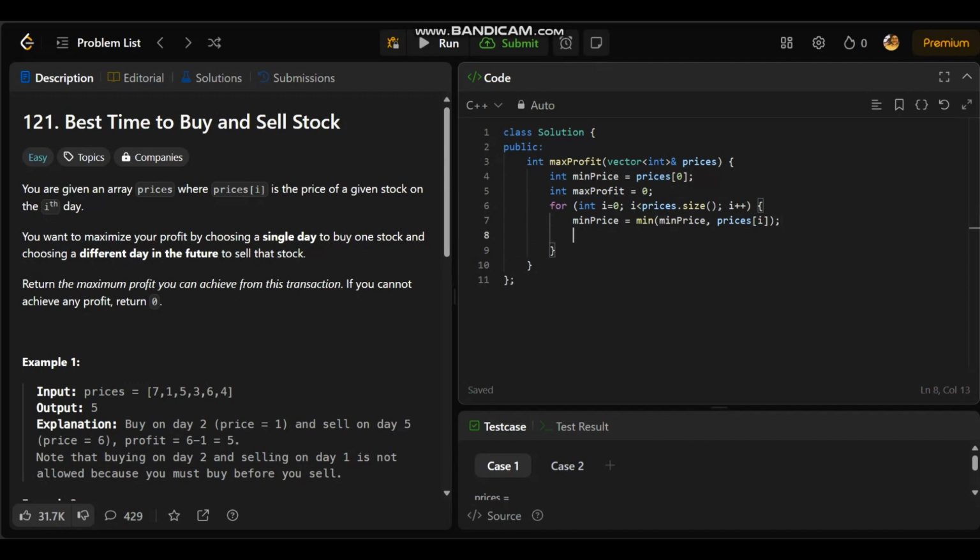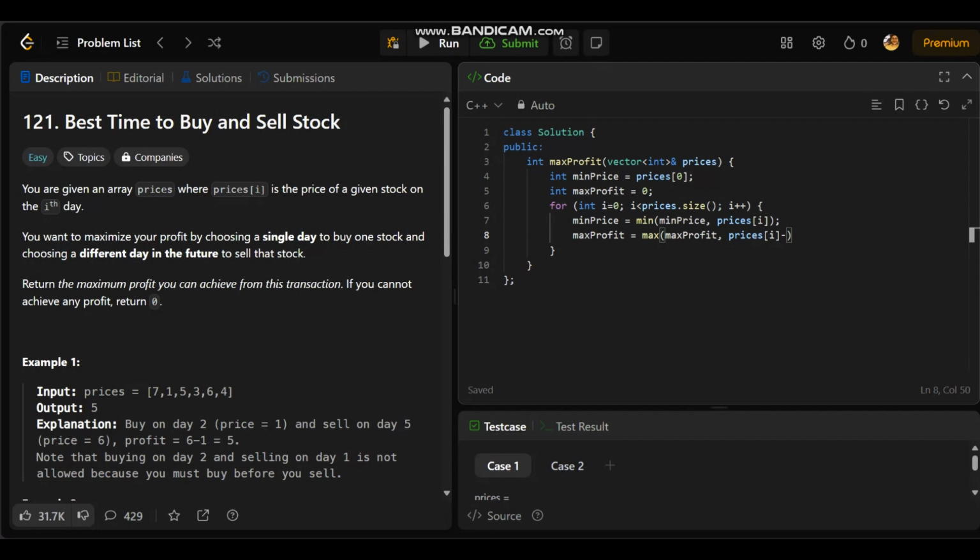And we are going to keep track of maximum profit. So what is the maximum profit? The maximum of either our past calculated profit, which is stored in the maxProfit variable itself, and the current day's possible profit, that is the price of stock on this day minus the price of stock on the day on which we bought the stock.